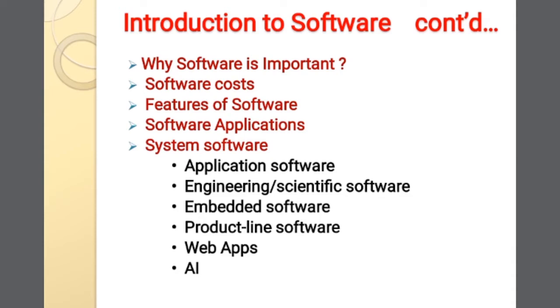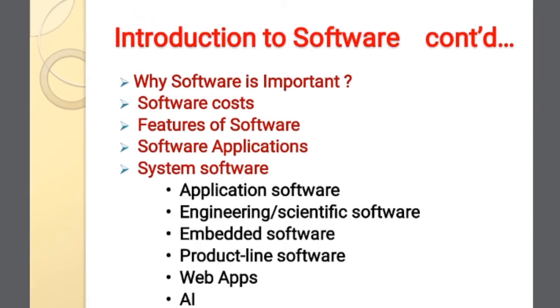Next, there are certain things that you must know about software. Having seen what a software is, there are expert systems, pattern recognition, game playing, etc. Now next we'll see some new categories of software applications.